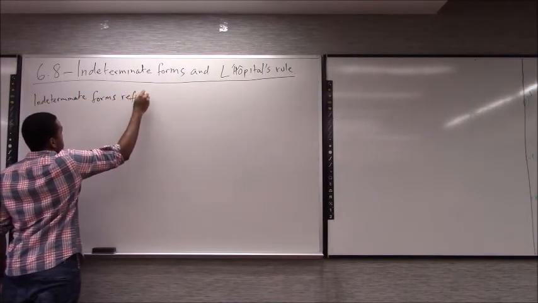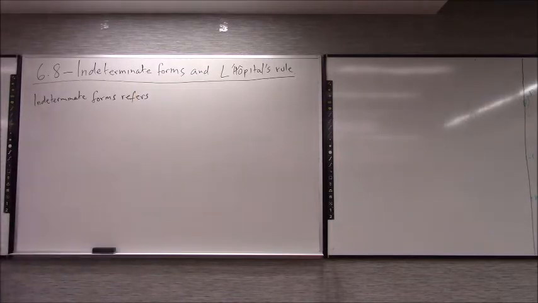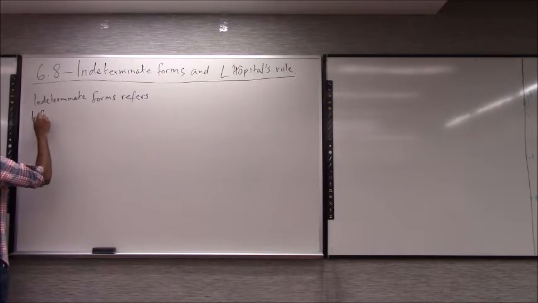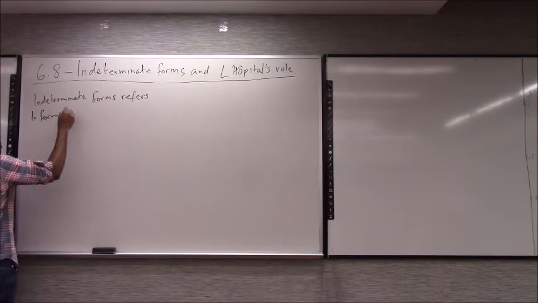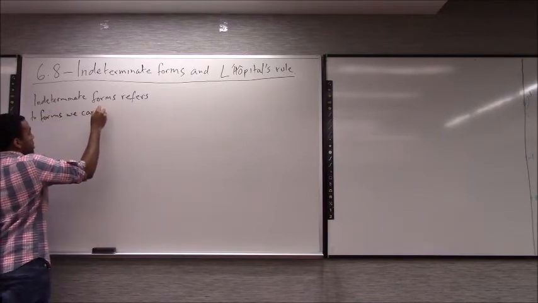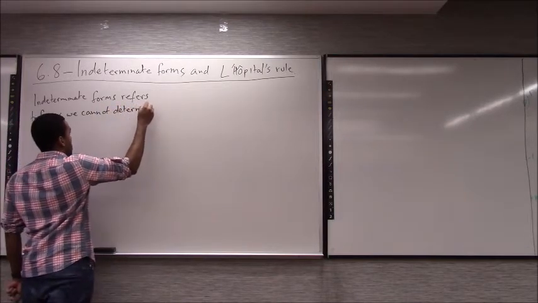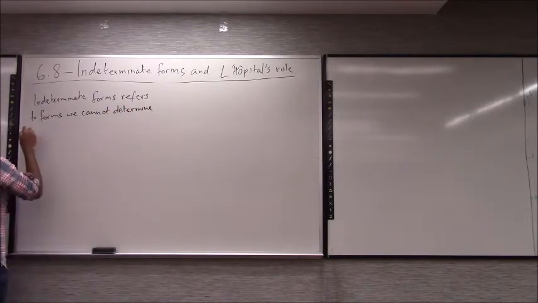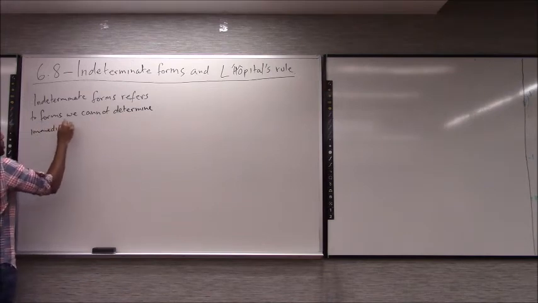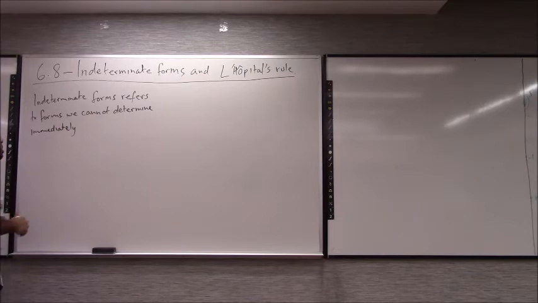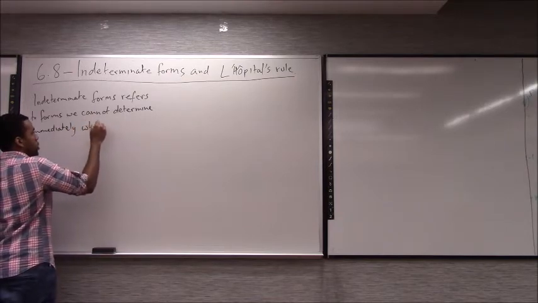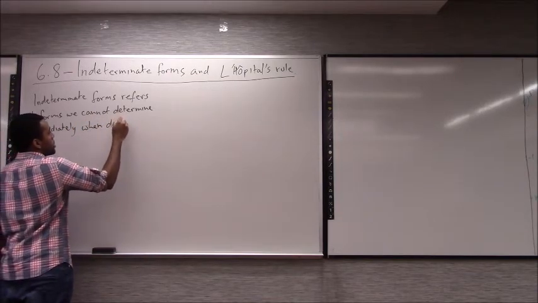This refers to just forms that we cannot really determine right away just by looking at them. You have to be very careful and be very delicate when you're working around them. And they show up when dealing with limits.